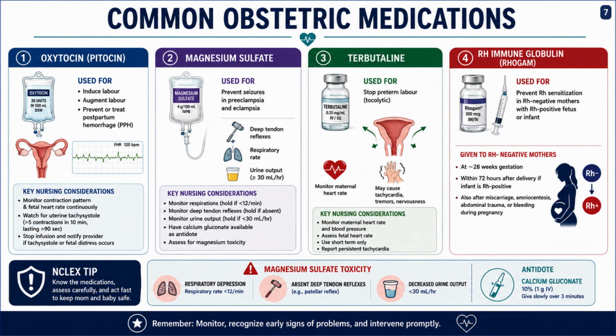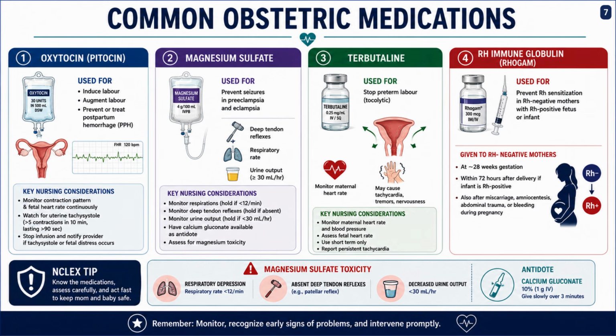Next is magnesium sulfate, which is the medication of choice for preventing and treating seizures in patients with severe preeclampsia or eclampsia. It is important to remember that magnesium sulfate is not an antihypertensive. Its primary purpose is seizure prevention.